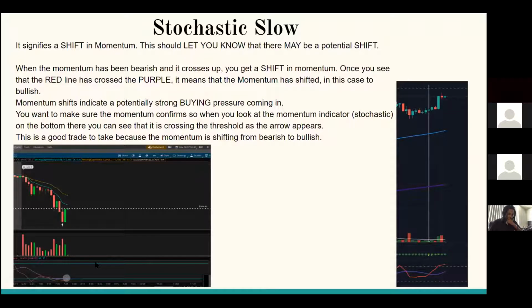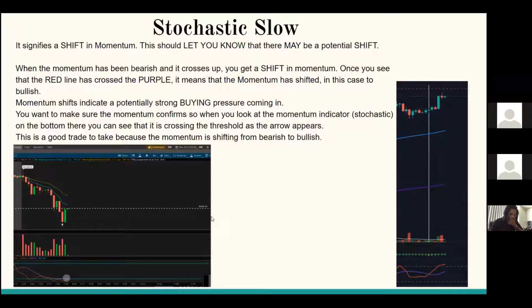This shift indicates potentially strong buyer pressure coming in, which is a very good indication, because as you see, it made a demand zone right here and rallied up. It's right near the resistance of 569, the volume is starting to come in, and the stochastic is crossing up, signaling a shift in momentum is potentially possible. So this will be a good trade to potentially take, especially over that resistance.